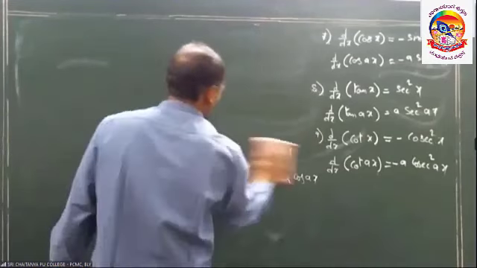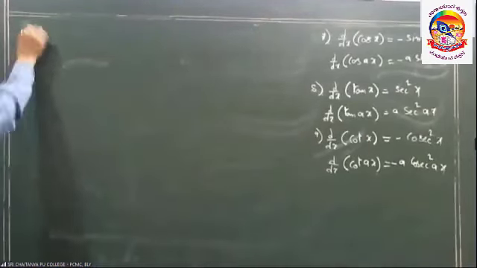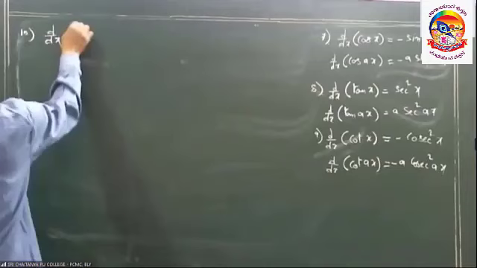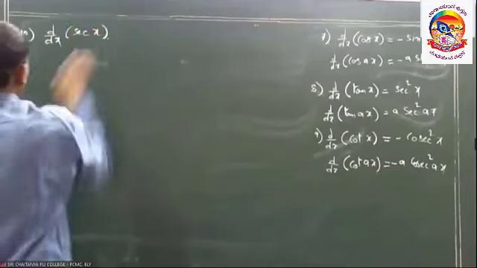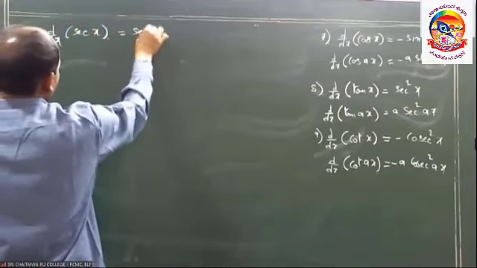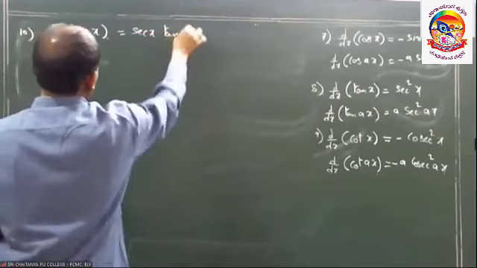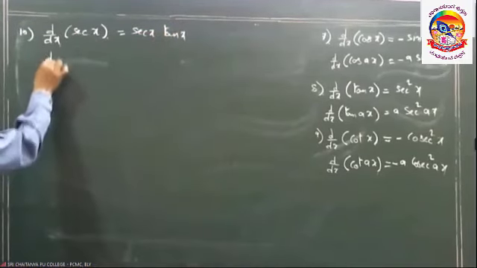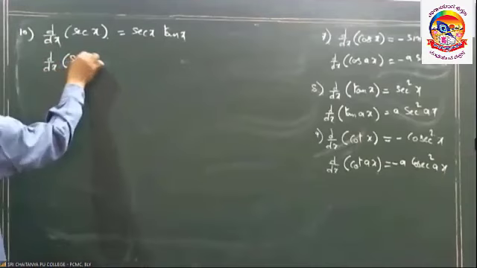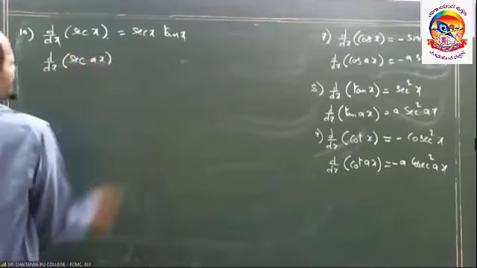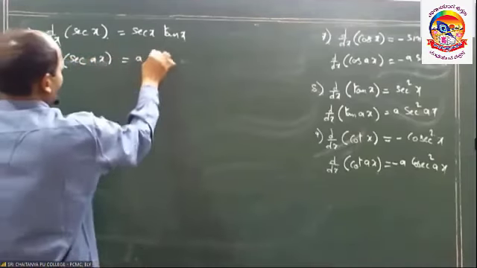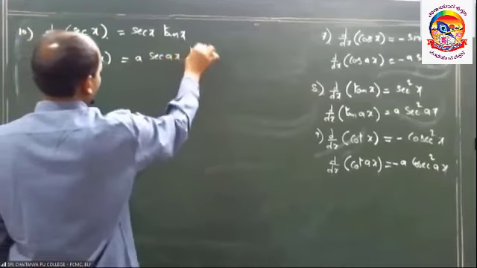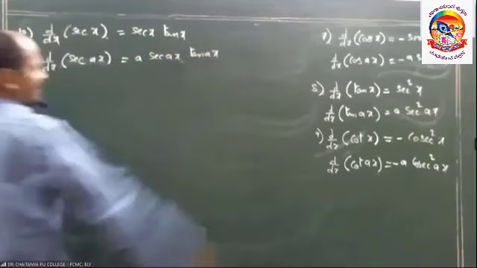Next one, derivative of secant x. Derivative of secant x is secant x into tan x. Next, derivative of secant ax, a is a constant, is a secant ax tan ax.